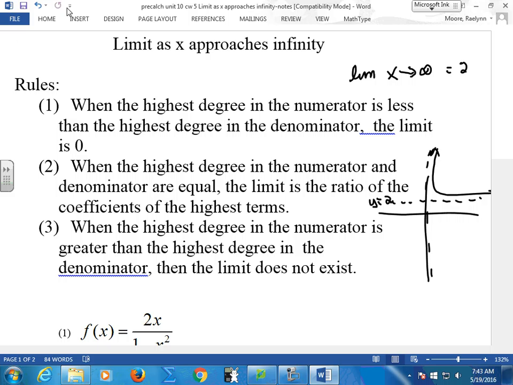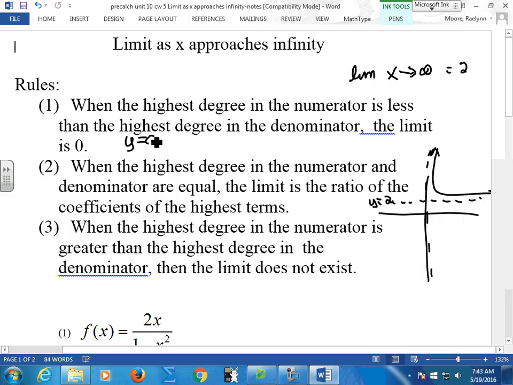We used to say this, y equals 0, right? So where is y equals 0? Where do I find y equals 0? The x-axis. So if this is my graph, what am I approaching? If my asymptote is y equals 0, as x goes on and on and on, what y value am I approaching? 0.